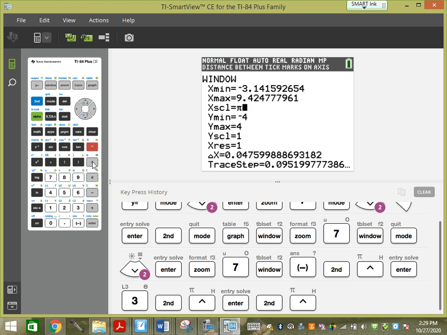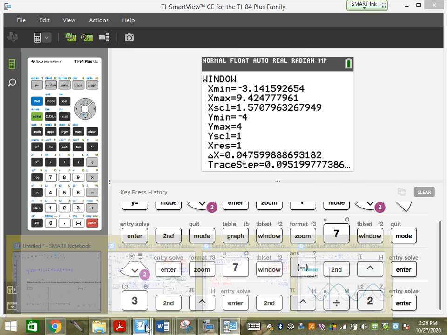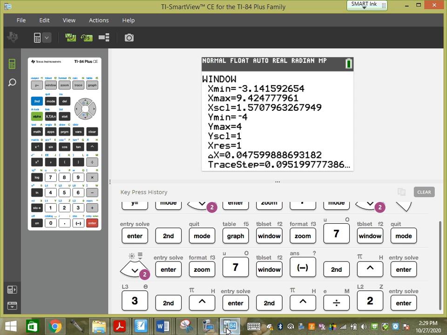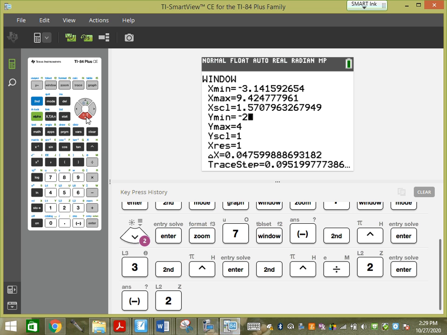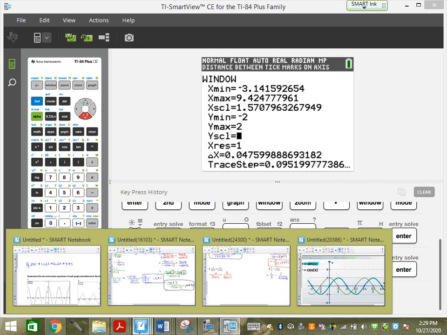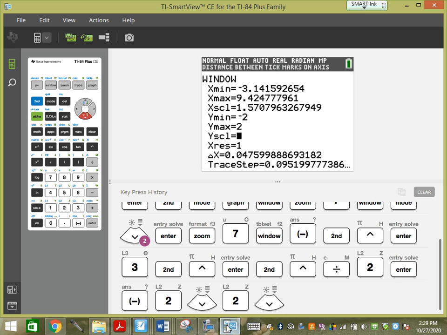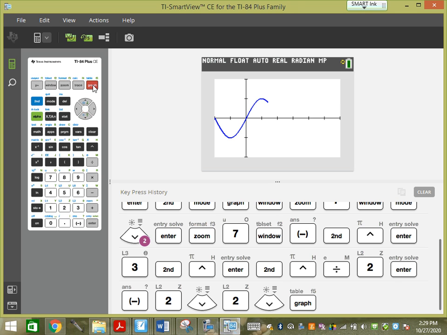I go pi divided by 2, which is actually what it was. And then my y max is 2, and my y min is negative 2. And it went up by 1s. So that's good. And now I press graph.